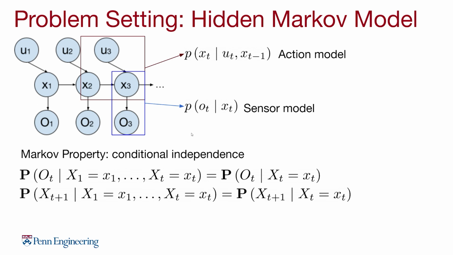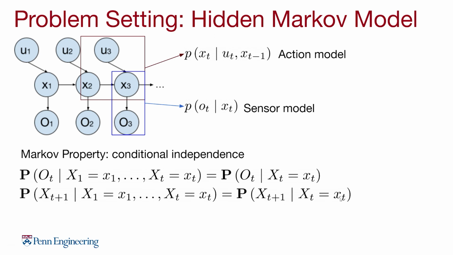This model is called the hidden Markov model. First, we know the Markov property is just a conditional independence, which means the future depends only on the current state, regardless of the past. That means for our sensor, if we have the current state, then the likelihood is independent of the past states.